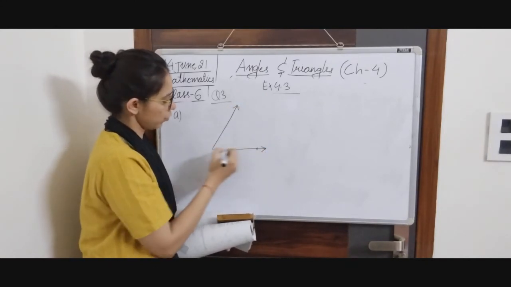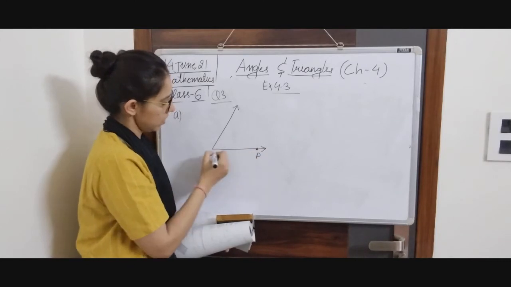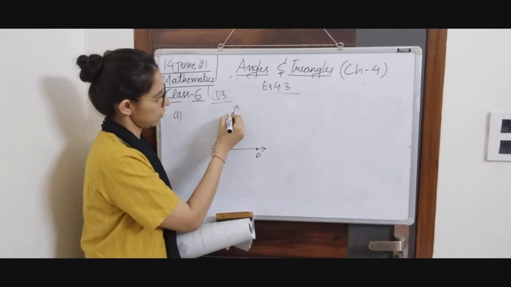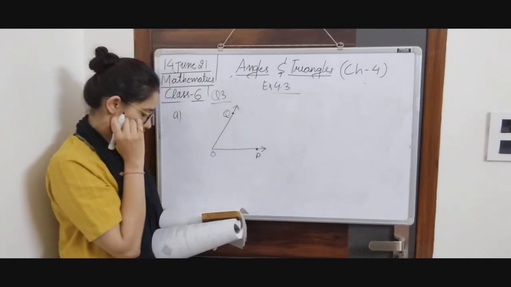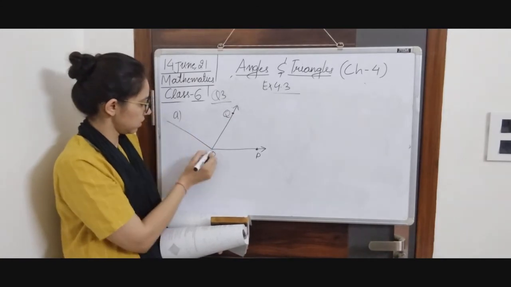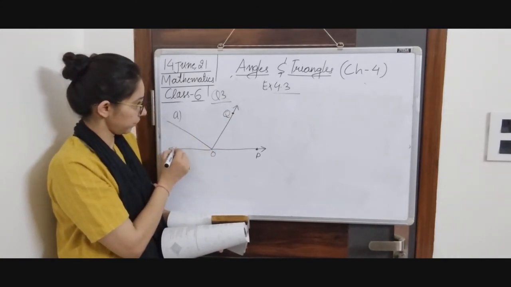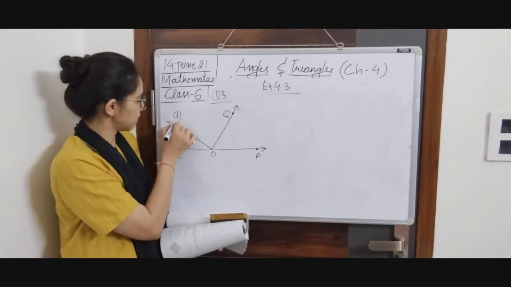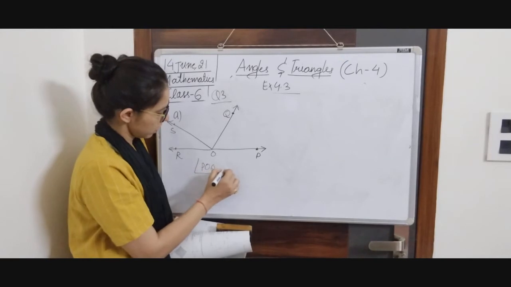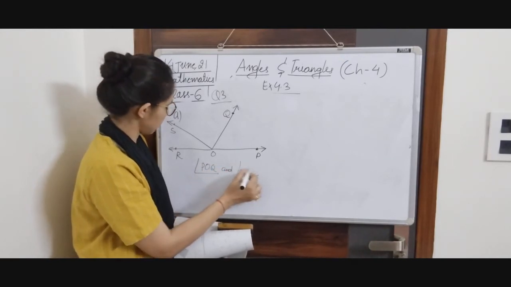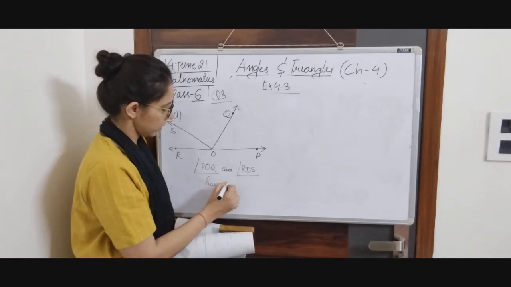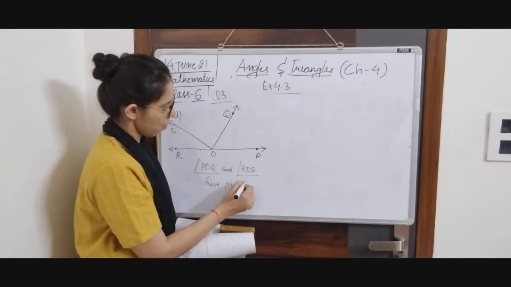Suppose we name these points P and Q, and the second ray R and S. We have two angles, angle POQ and angle ROS, which have point O in common.